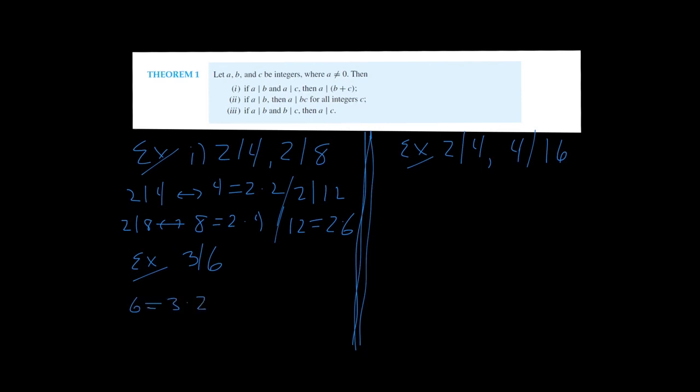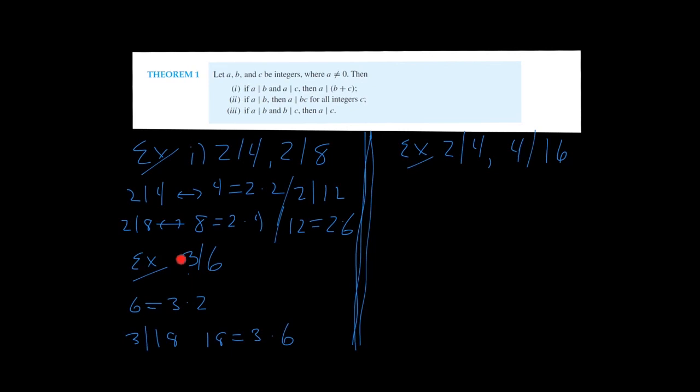And so the claim in the theorem is that 3 is going to divide anything multiplied by 6. So for example, 3 is going to divide 18 because 18 is equal to 3 times 6. So that's always going to happen.